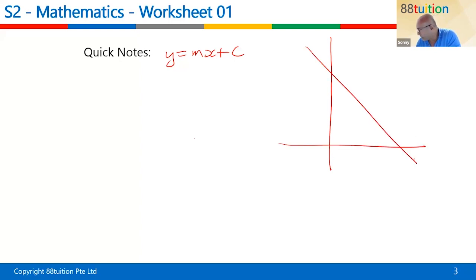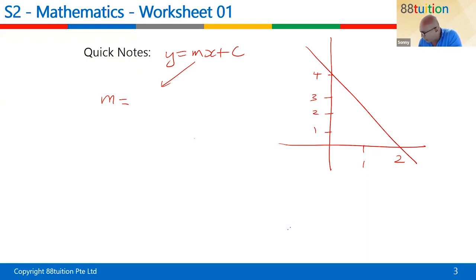So this is a graph. Let's say at this point is one, this is one, this is two. Let's say this is 4. Okay, what do you understand by M? What is M? You guys can make a guess.